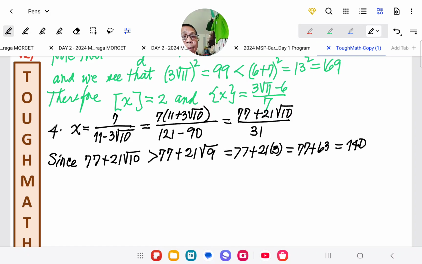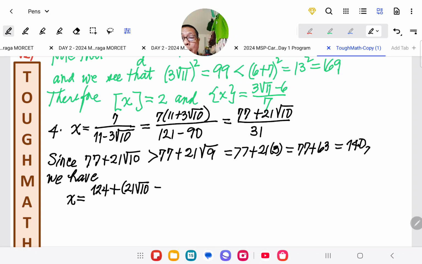So we have x is equal to, and a multiple of 31 which is less than 140 is 124. So we use 124 here. We have 124 plus 21 square root of 10.